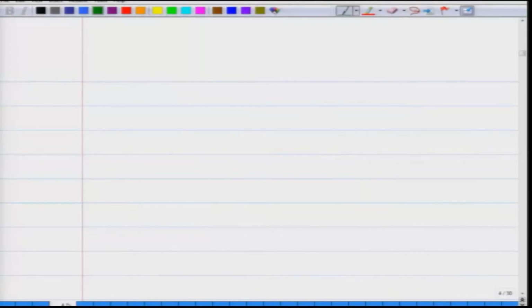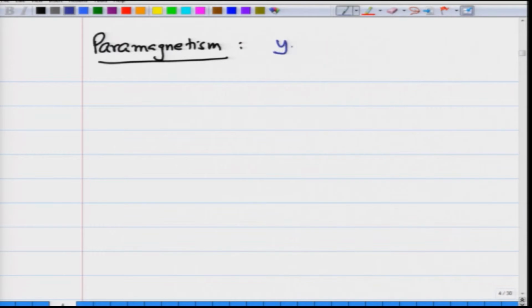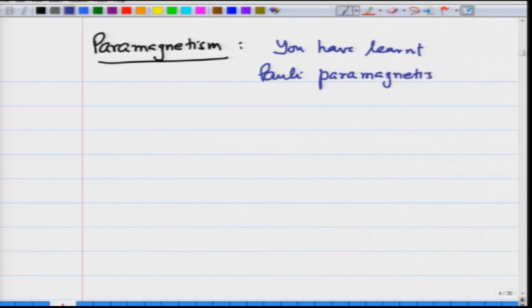So, I want to start with paramagnetism. And you are already familiar with this. You have learnt earlier when Professor Banerjee was taking lectures, in the context of free electrons, you have learnt about Pauli magnetism.